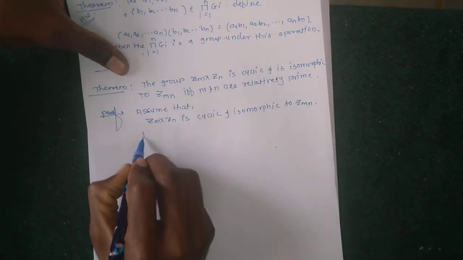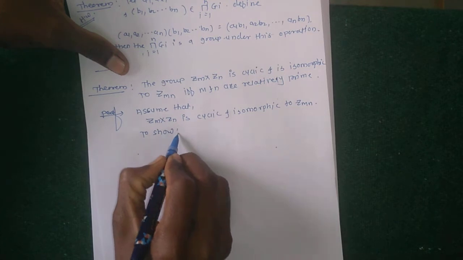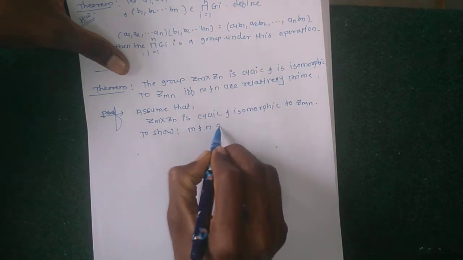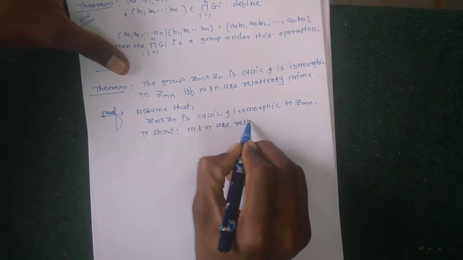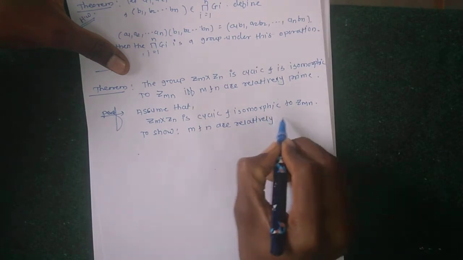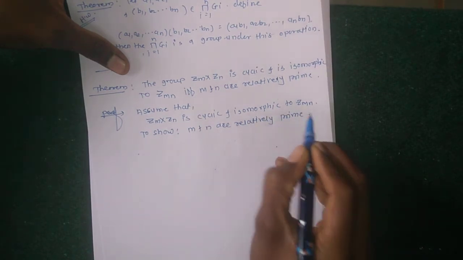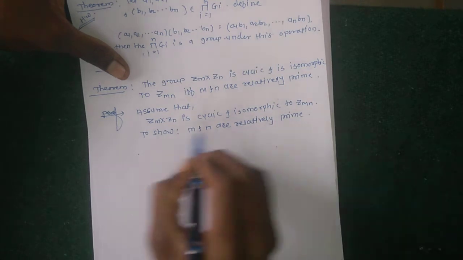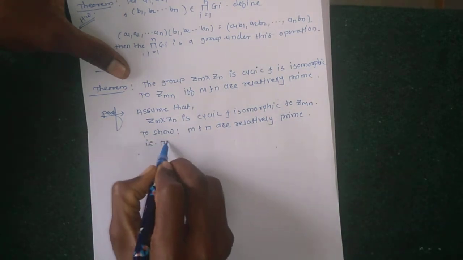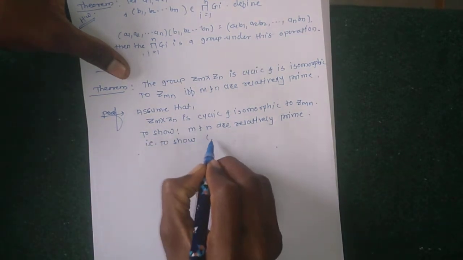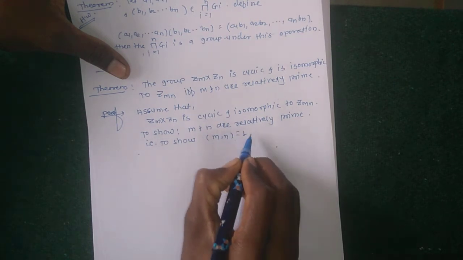To show that m and n are relatively prime, that is, to show GCD of m and n equal to 1.